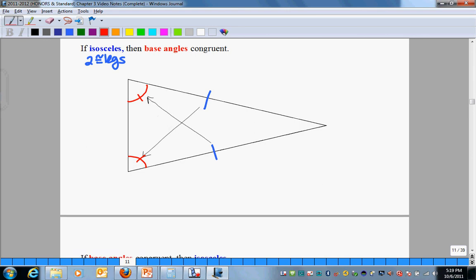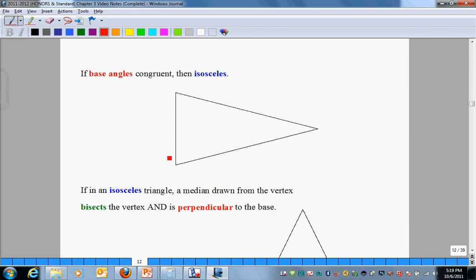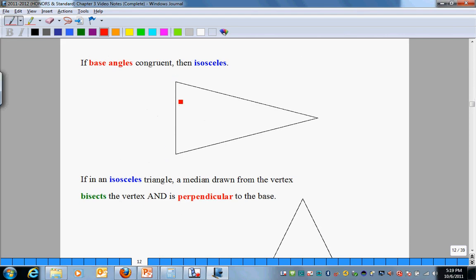The converse is also true. Go ahead and mark the two congruent base angles. Now follow those hatch marks and draw two arrows lightly.